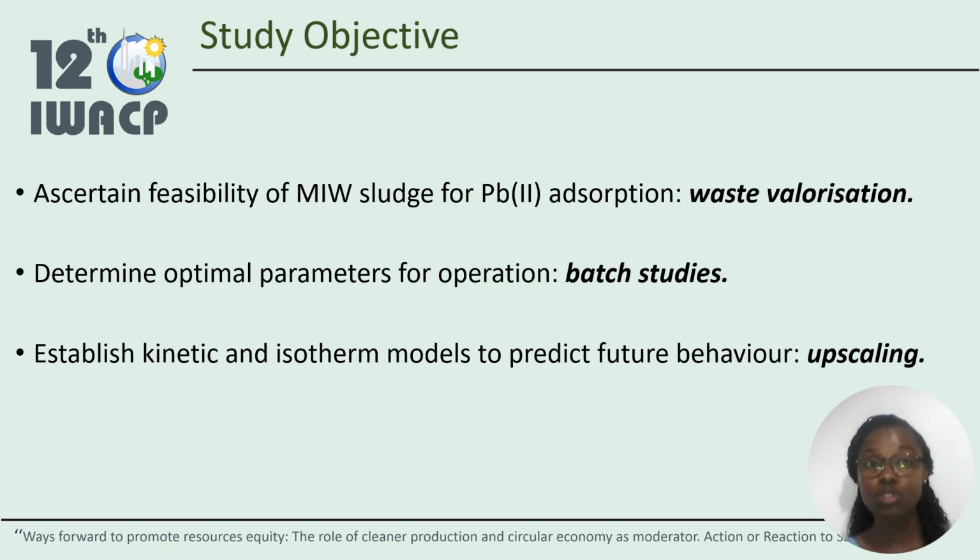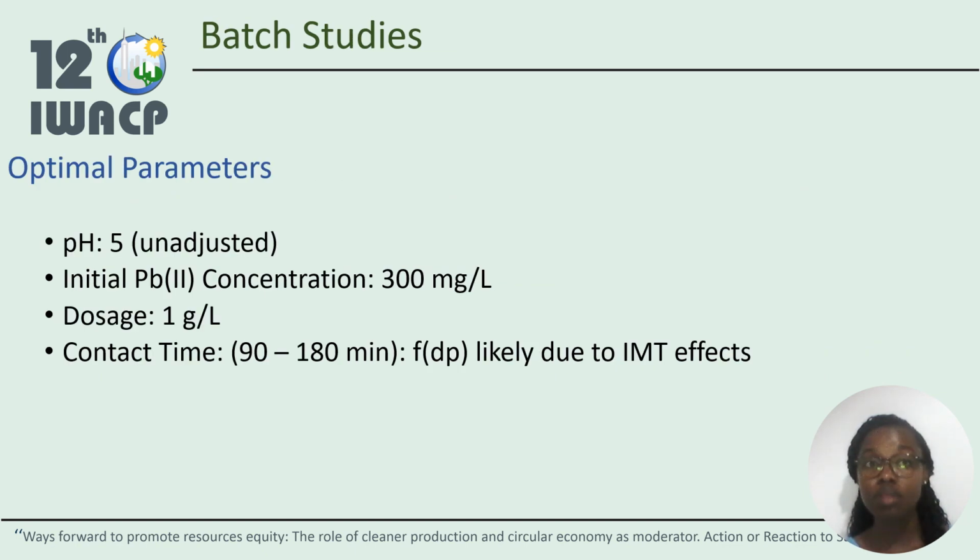This study aims to ascertain the feasibility of using mining influenced sludge for lead adsorption, thereby aligning with waste valorization principles. Batch studies were conducted to obtain optimal operational parameters, allowing for future predictive modeling as well as upscaling. From the batch studies conducted, the material showed little sensitivity to pH in the range studied.